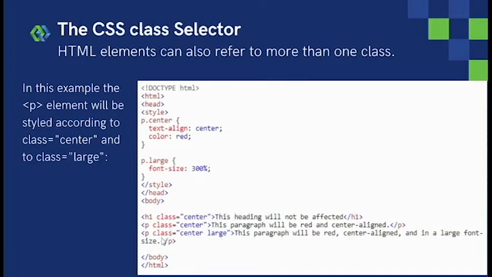So in your HTML you can have two class names, and in your CSS you can separate and call them. So that's how the class selector works when you have one or more than one class in your HTML elements: you can call them individually in the CSS.